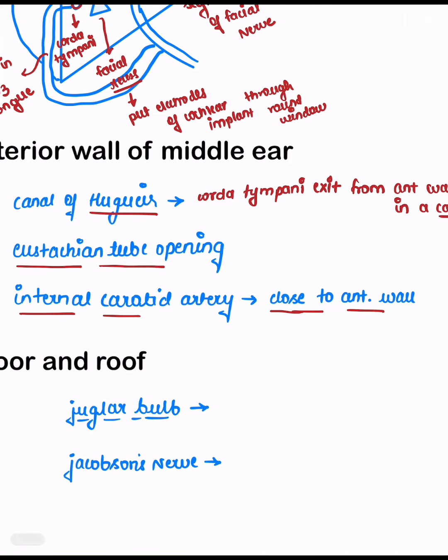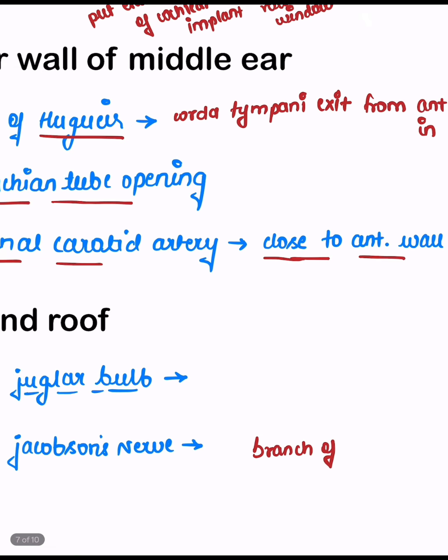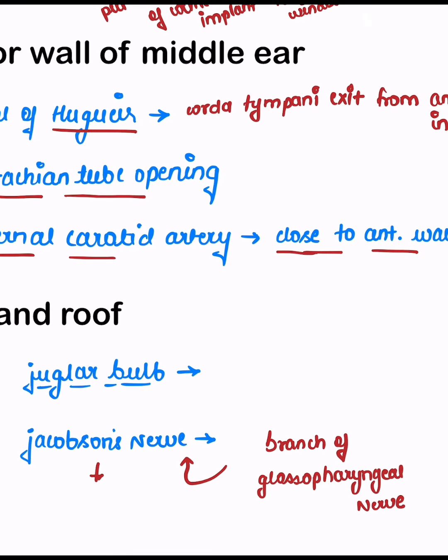The glossopharyngeal nerve gives a branch which is known as Jacobson's nerve. It forms the tympanic plexus on the promontory.